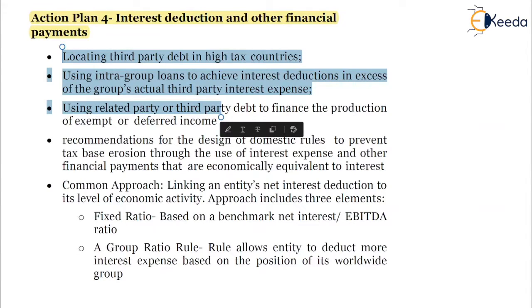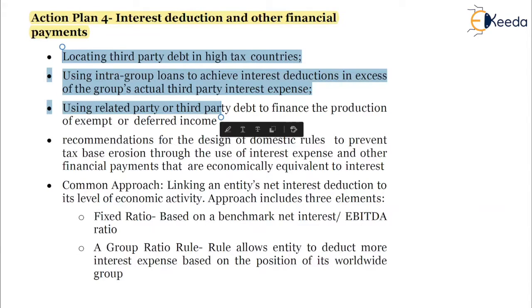So first is locating third party debt in high tax countries, meaning in a group company, the country where a higher tax rate is applicable, that company is borrowing loans effectively to reduce the total tax.